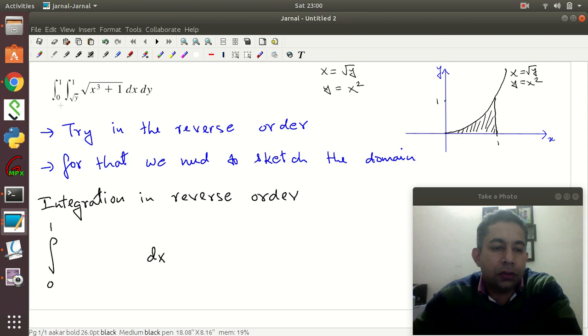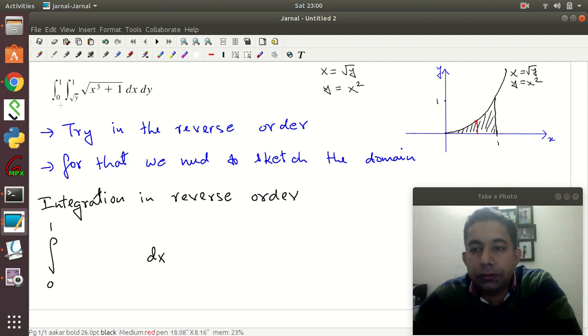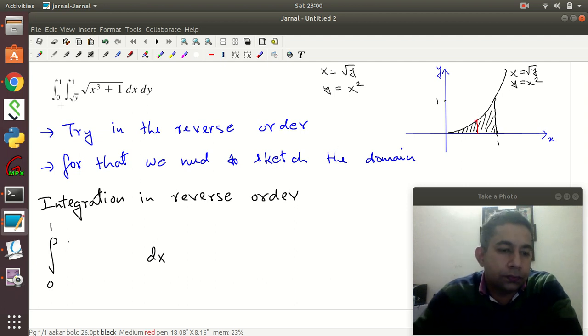And for each of the x in between, y goes from 0 to this particular curve, y is equal to x square. So y goes from 0 to x square. Then what you have is the integrand.